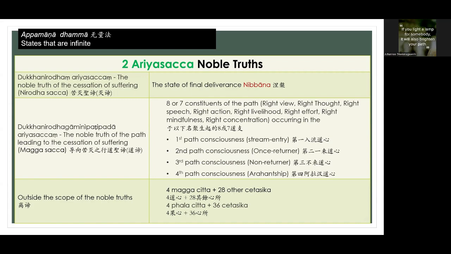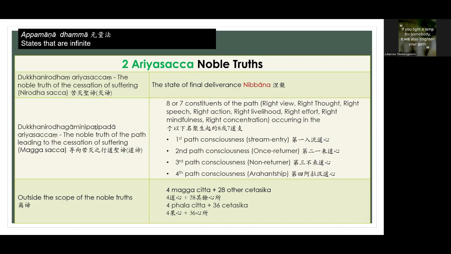Now, if you look from the first until the fifth jhana, the first jhana has all 5 jhana factors. So it has samma sankappa and samma samadhi. But from the second until the fifth jhanas, it doesn't have vitakka. Therefore, there is no samma sankappa there. All those 4 jhanas have only samma samadhi.